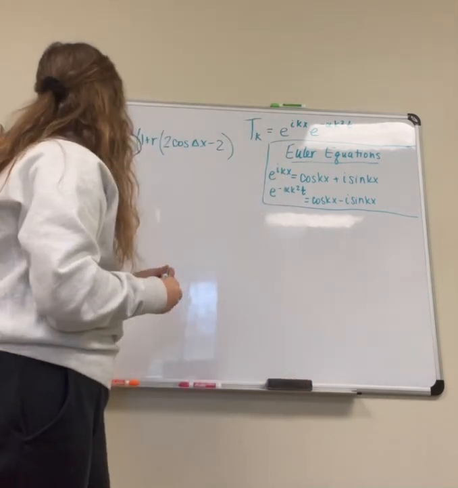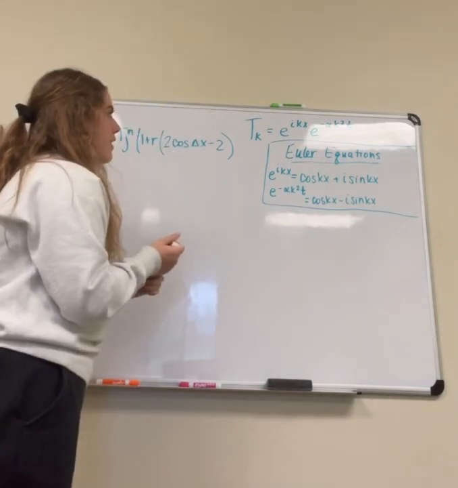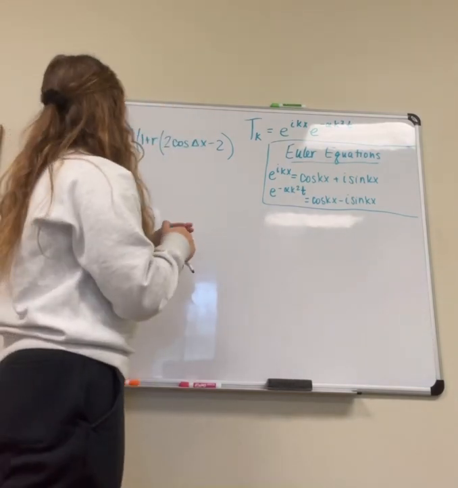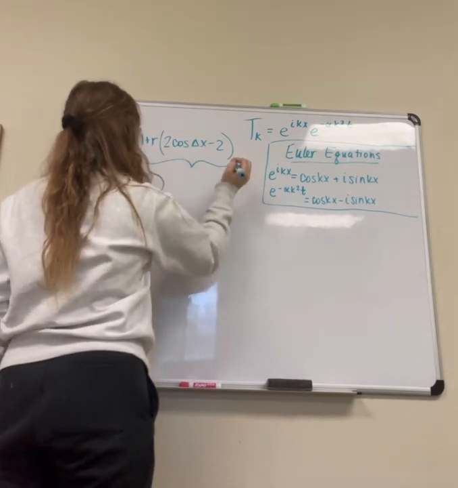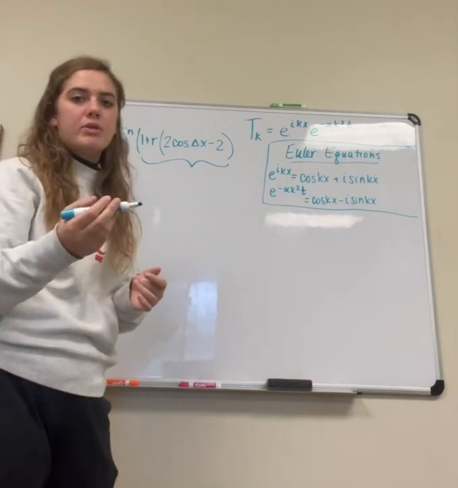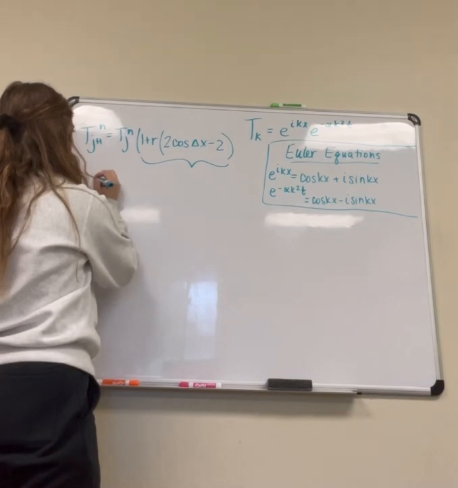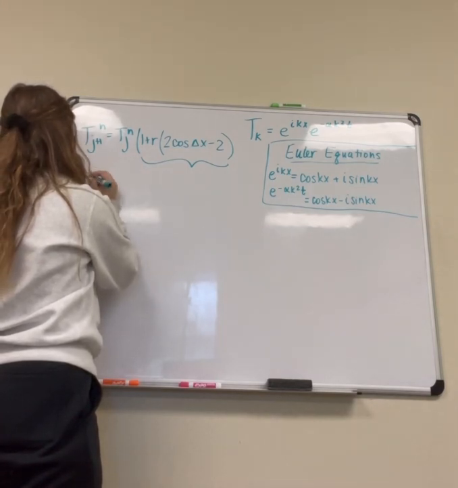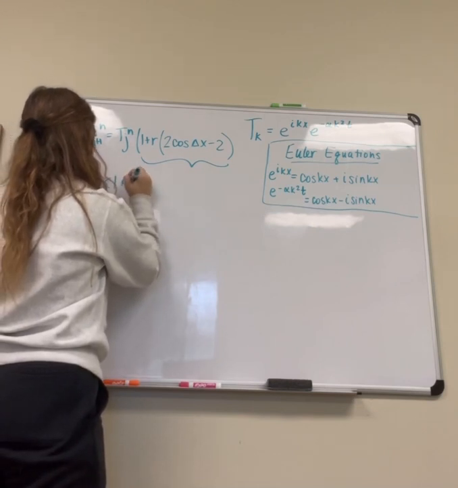And so now we're going to be looking at the r value in the 1/2 situation that we are concerned about. And so we're going to be looking at this term right here specifically, and we know that cosine oscillates between -1 and 1. So we are going to set this to 1.